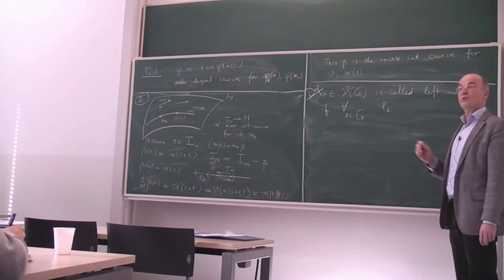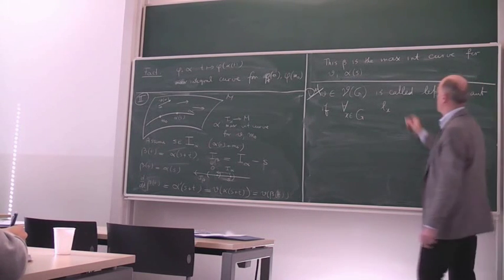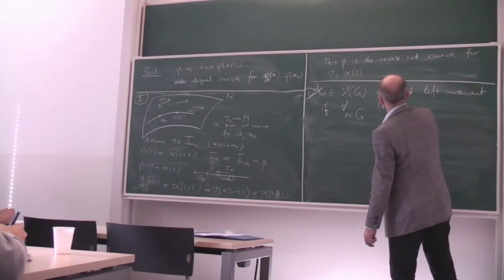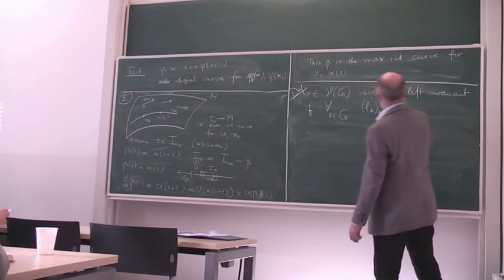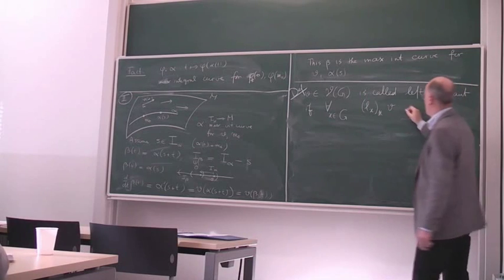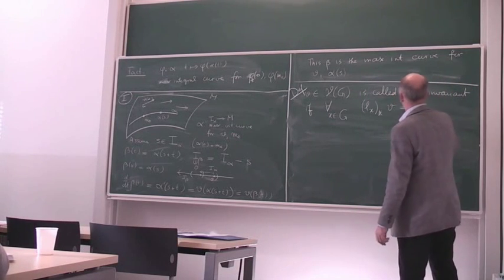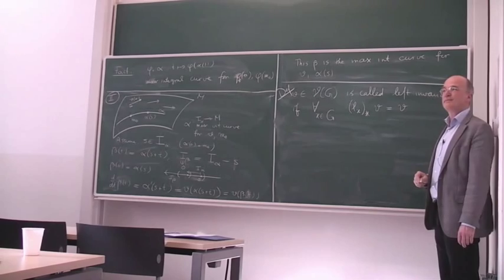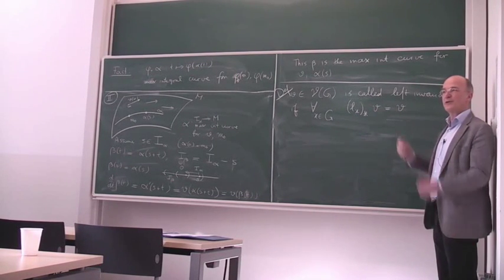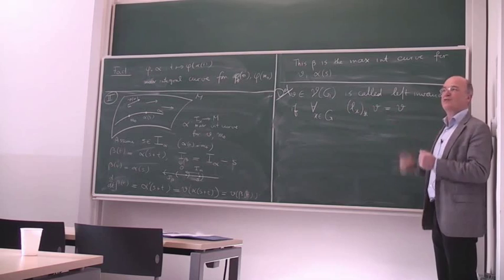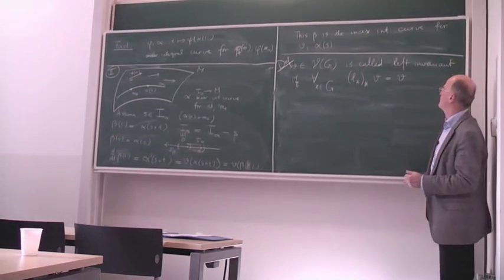This is a diffeomorphism from the manifold G to itself. And then we can apply the push forward under this diffeomorphism to the vector field. And then what we want is that this is the same vector field again. So the vector field should be invariant under transportation by left translation.